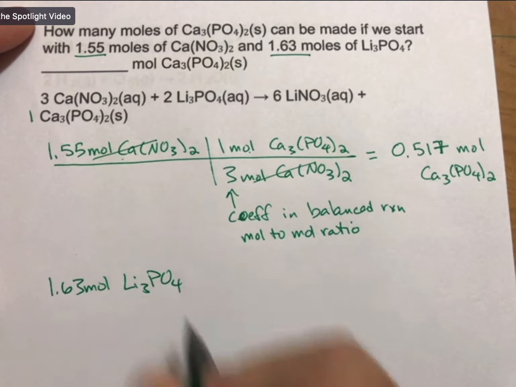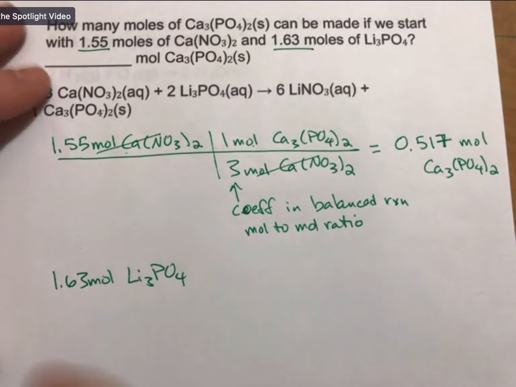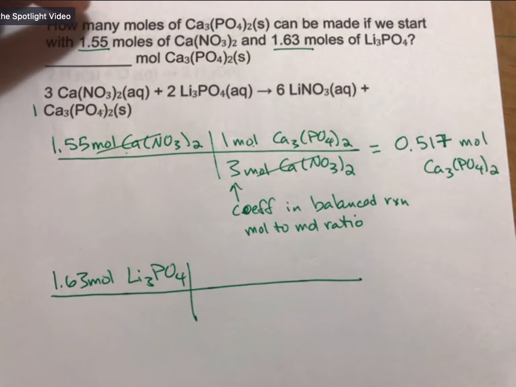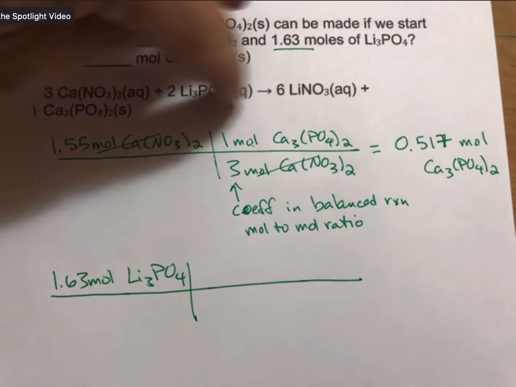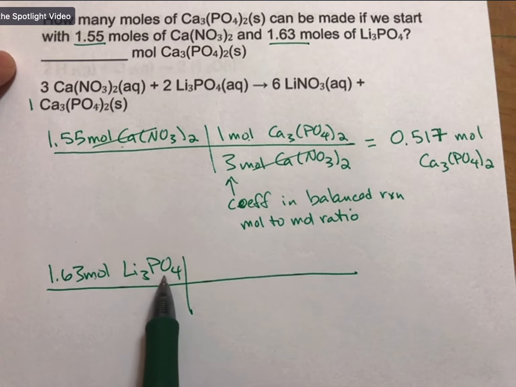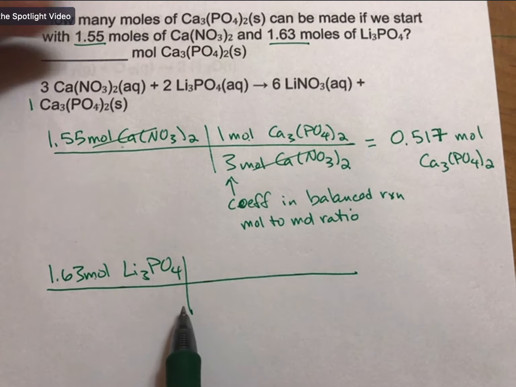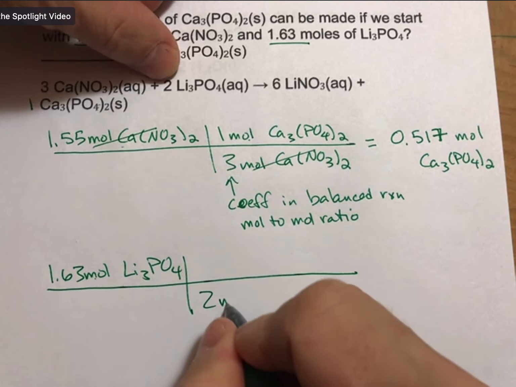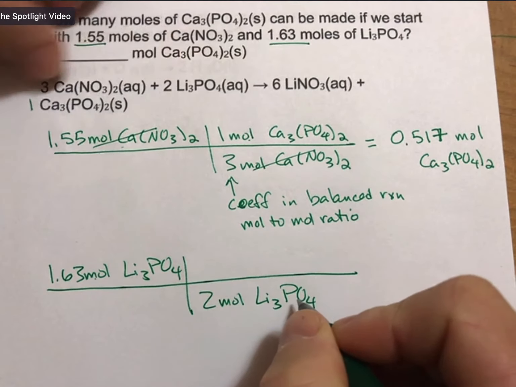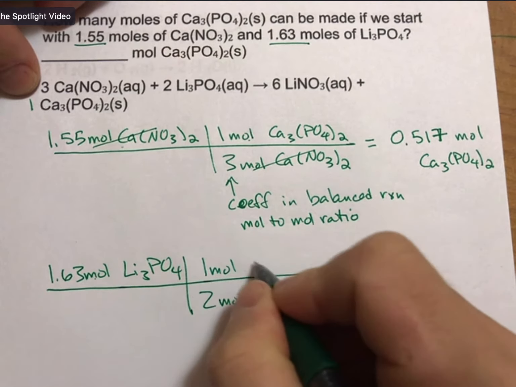And this is going to be a continuing theme today, by the way: whenever you're given moles of two things, you have to use moles of both things to find your answer. All right, so now I have 1.63 moles of lithium phosphate. I know that for every 2 moles of lithium phosphate, I can make 1 mole of calcium phosphate.